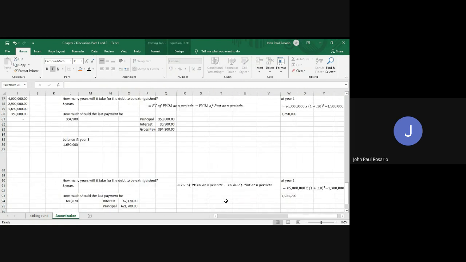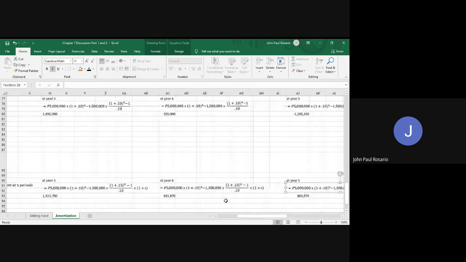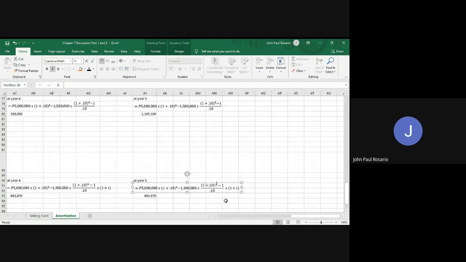So 683,870 ba 'yun? Okay. Now, what if pag 5? Then here you will realize na on the 5th, kung anong year ka magna-negative, yun yung number of periods mo. Okay? So negative na dito, negative 677,743.